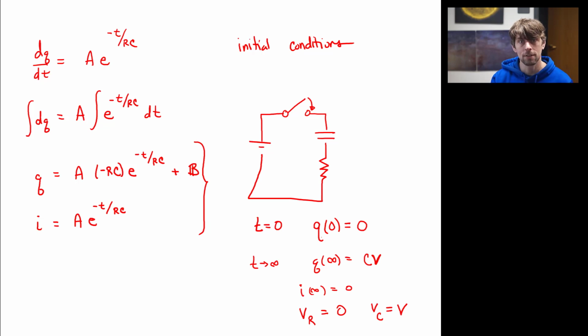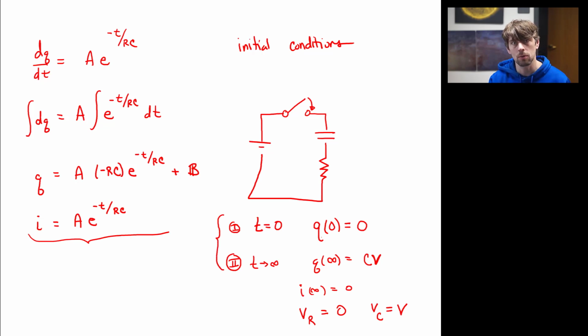And these two conditions will allow us to take our general equations, which are perfectly general from math, and tailor them to the specific situation that I'm handling, namely an uncharged capacitor that is being charged.